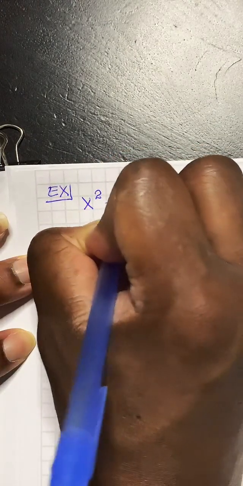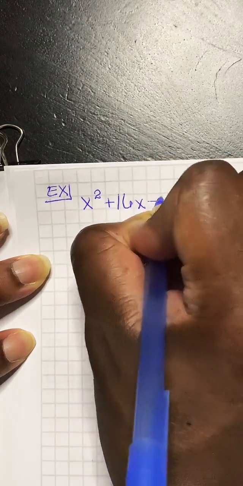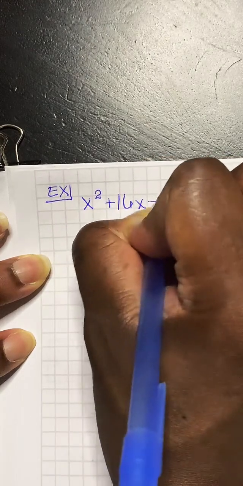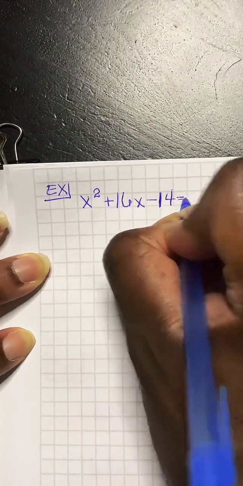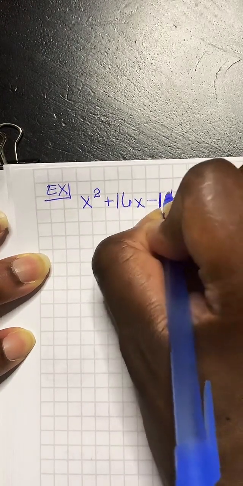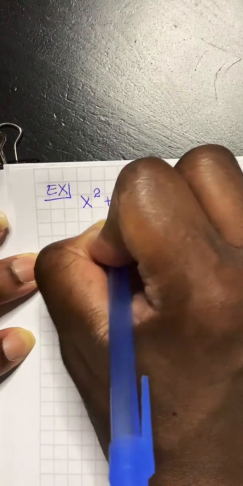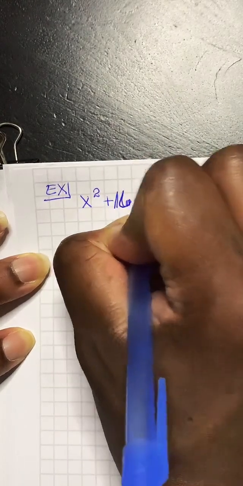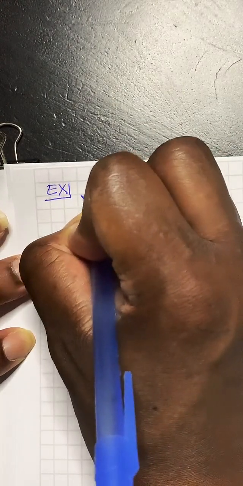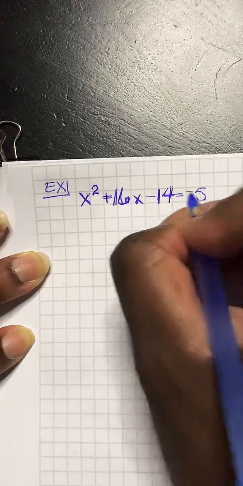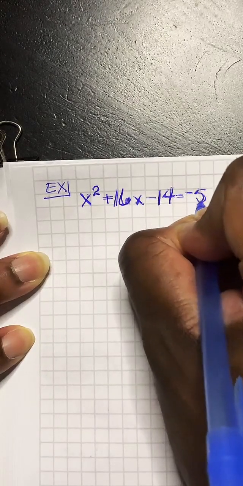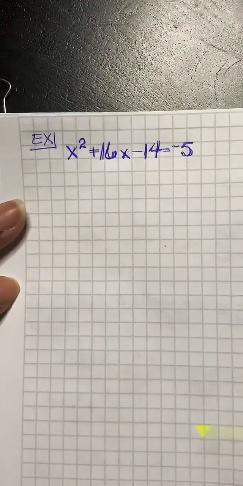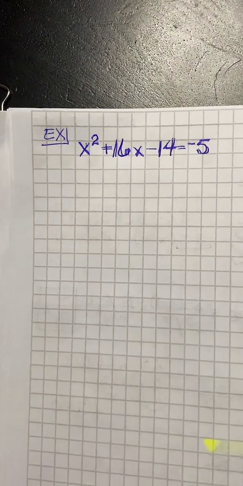So let's do our x squared plus 16x minus 14 equals negative 5. Okay. So make it a little bit manageable.